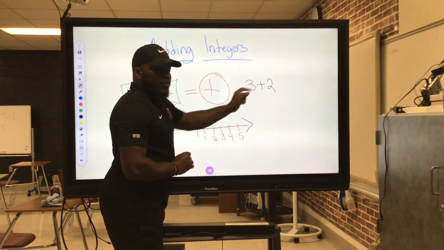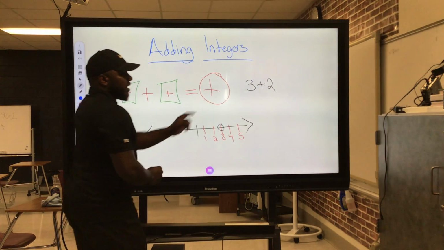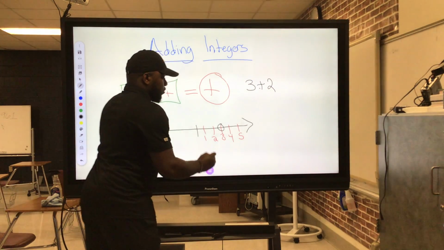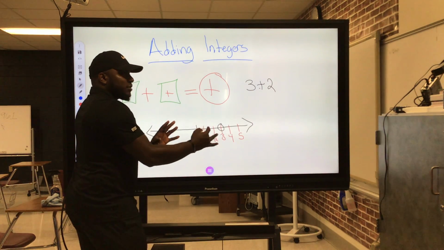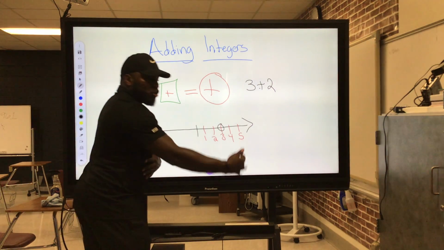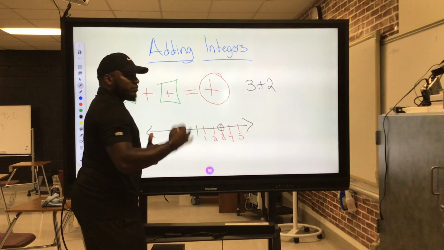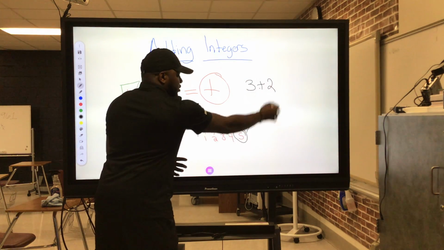My first number tells me where to start at. So I'm starting at positive 3. And I'm adding a positive 2. So if I'm adding positive 2, I'm going in the right direction, because going to the left is a negative on a number line. So if I'm adding 2, I'm going to move 2 places to the right, which is 1, 2, and of course, 3 plus 2 is 5.